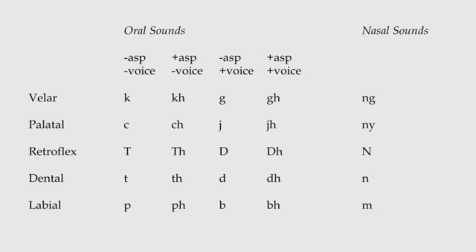We want to spend a minute or two with this chart, and then we will go back to the picture that we have just looked at once again. See the sounds, and I am sure you have heard these sounds before. I only want your attention to these sounds in a systematic way for you to understand what is involved in production of these sounds.